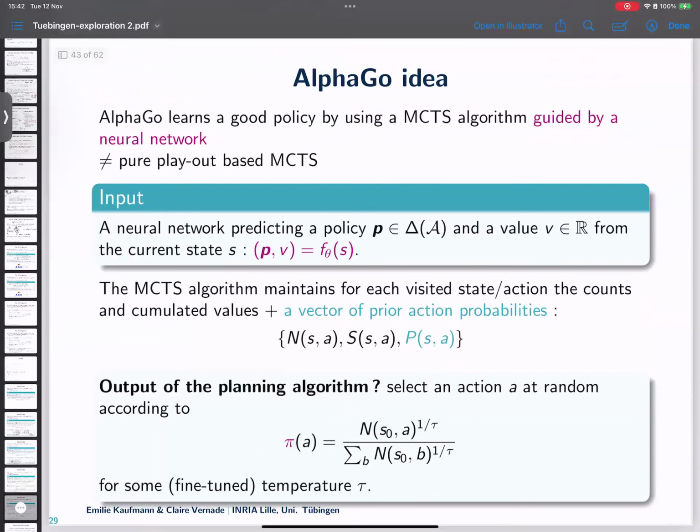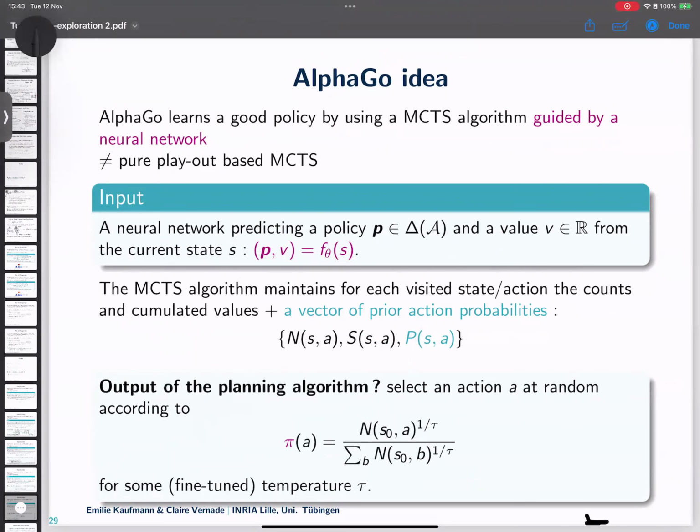This last detail that AlphaGo is actually using, I think, is relatively important. Once you stop your algorithm, you still need to have a rule to take the next action. In all these algorithms, they always use randomized rules.